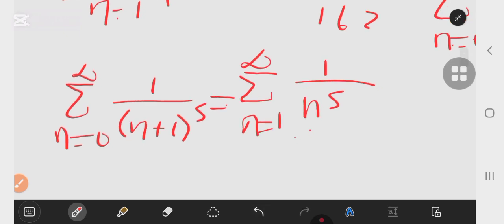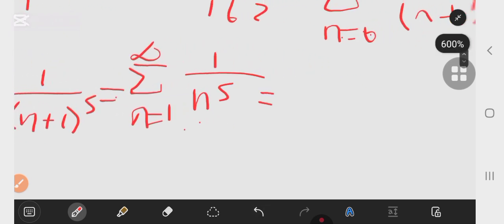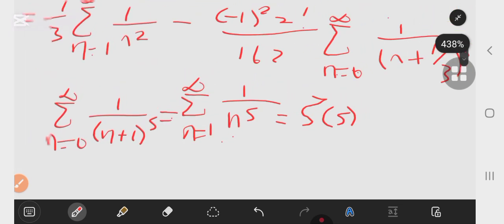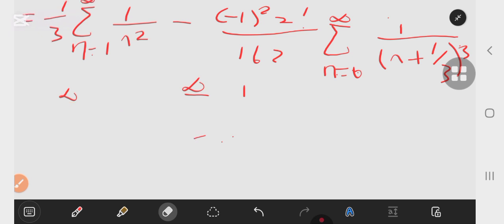This is the same as a function in math known as zeta of s. Okay, just notice. So this one looks familiar.